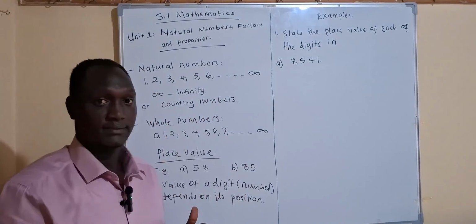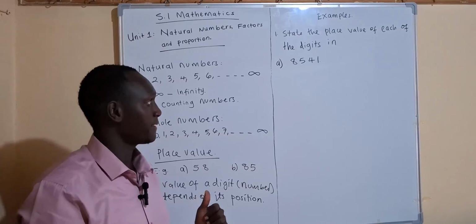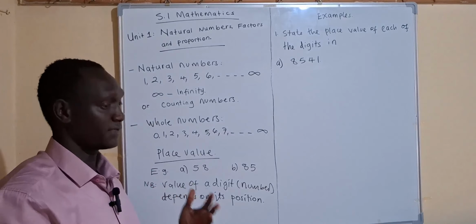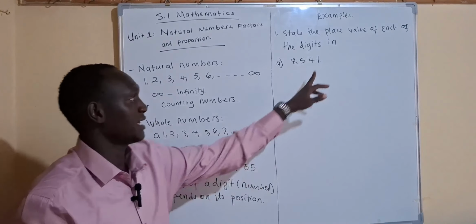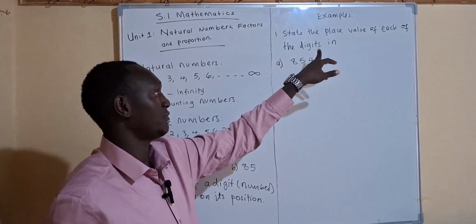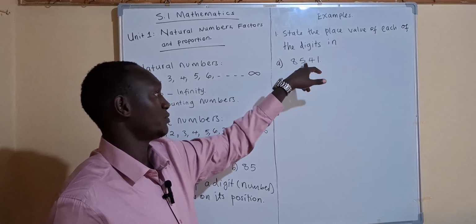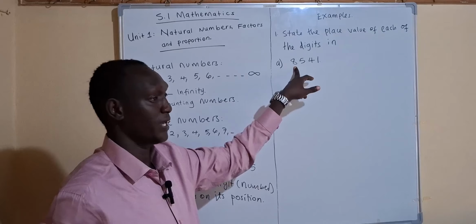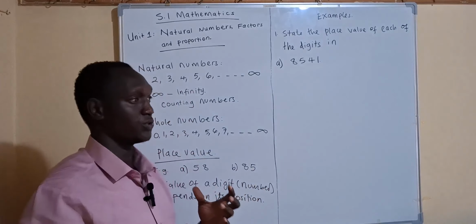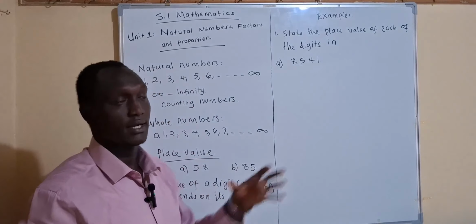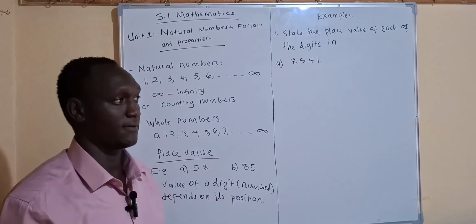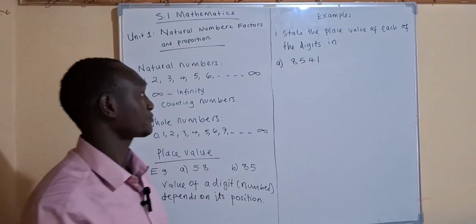That is our number. Here, when we are giving the place values of numbers, we start from the extreme end. So we shall start from 1, and then we go to 4, we go to 5, and then we go to 8. And pay attention, because I'm going to tell you the logical representation of digits in a number.